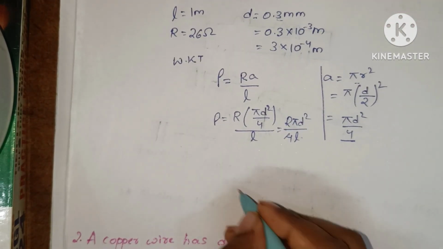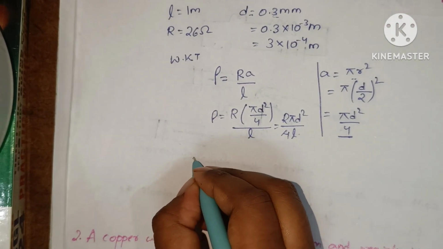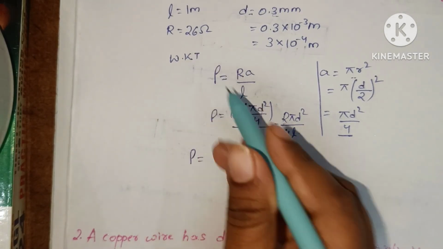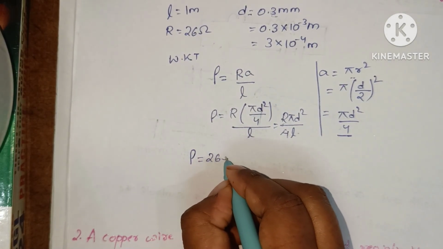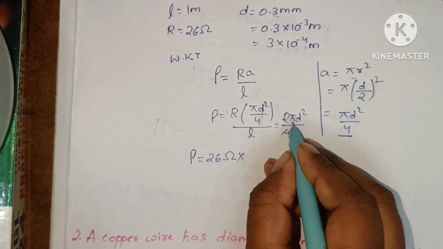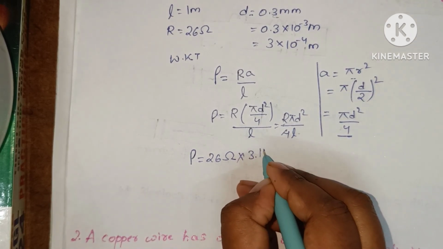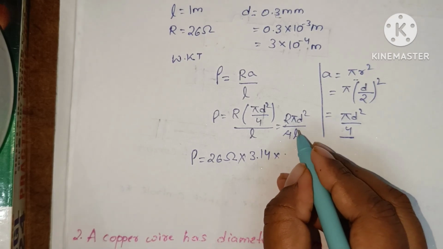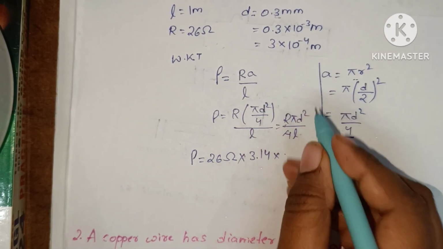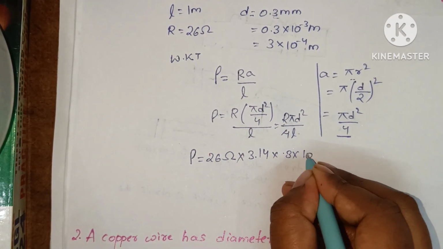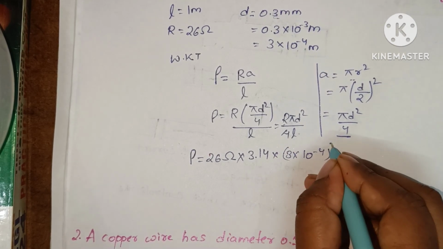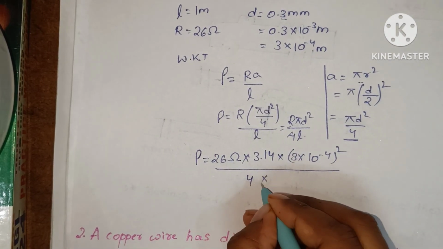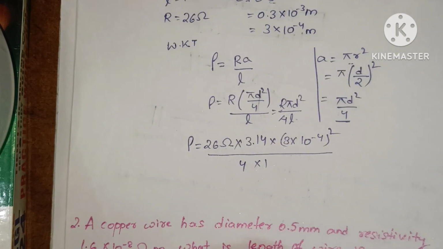So next, rho equals R, which means what here? 26 ohms into pi, which means 3.14, the pi value, into d square, how much here? 3 into 10 power minus 4 whole square by 4 into length, how much? 1.